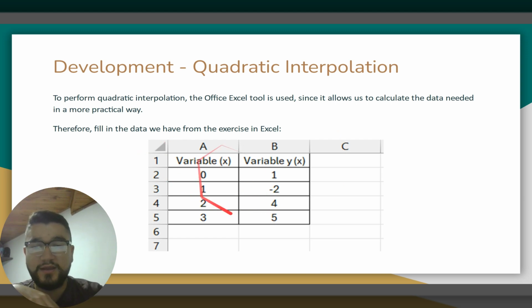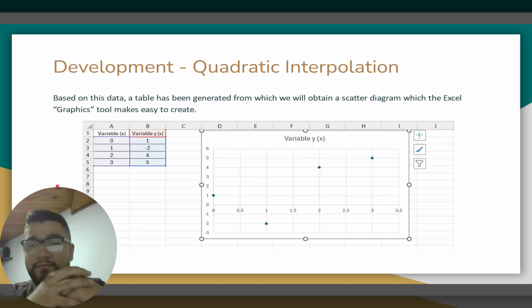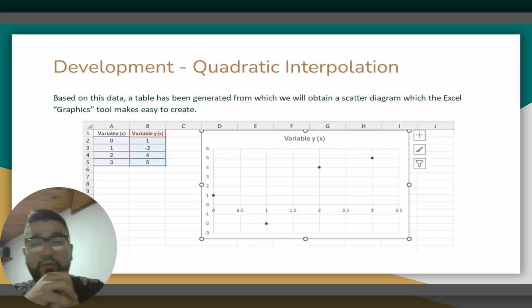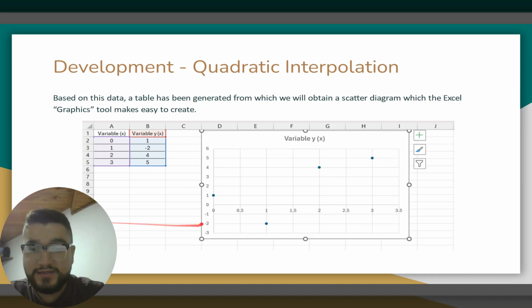This table. Based on this data, a table has been generated from which we will obtain a scatter diagram, which the Excel graphics tool makes easy to create. This diagram, these points.